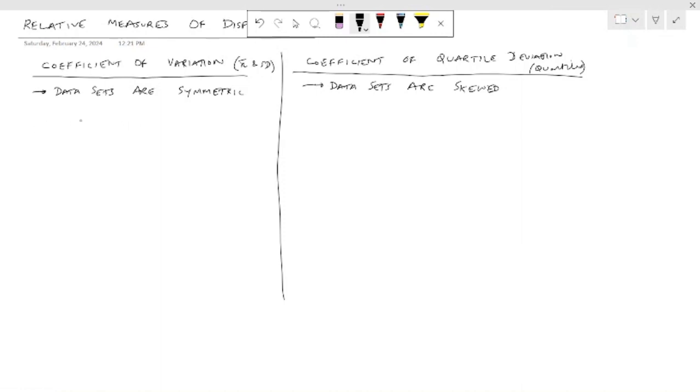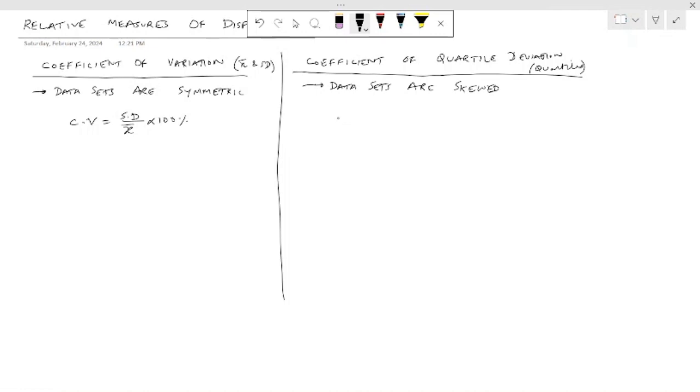The formula for coefficient of variation, that can be simply denoted as CV, is the standard deviation divided by mean multiplied by 100. And since we are multiplying this ratio by 100, we can interpret our answer in percentage terms.